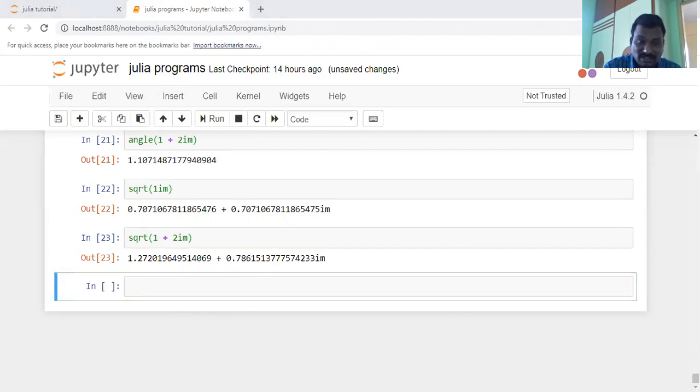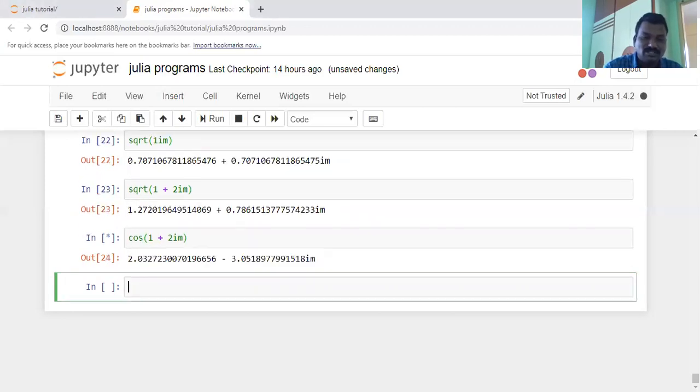Not only square root here, you will perform some trigonometric functions also. For example, trigonometric functions, sine function, cos function. Here for example, cos of 1 plus im, it gives some result. That means by analyzing the result, you are applying the cos function or trigonometric function on complex numbers. Other than that, if you want to evaluate this one by hand, it's very difficult.